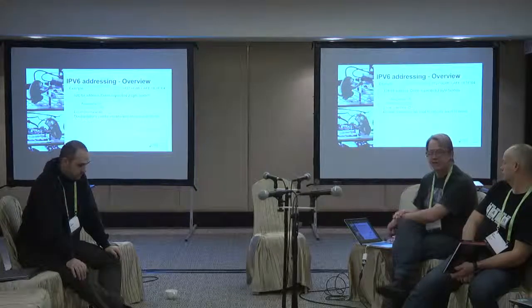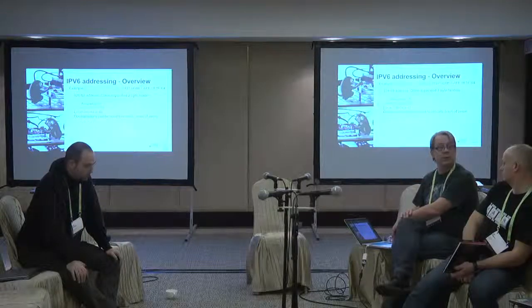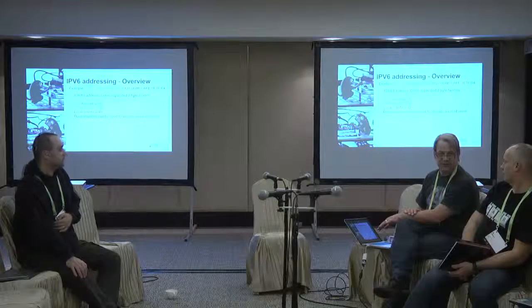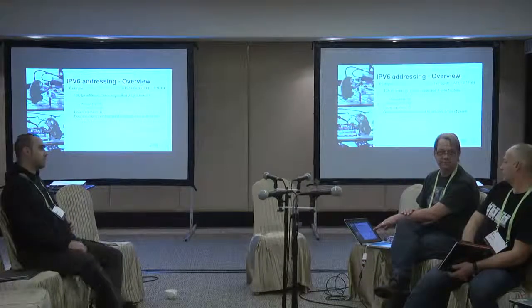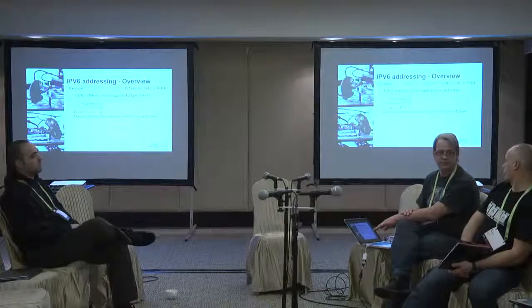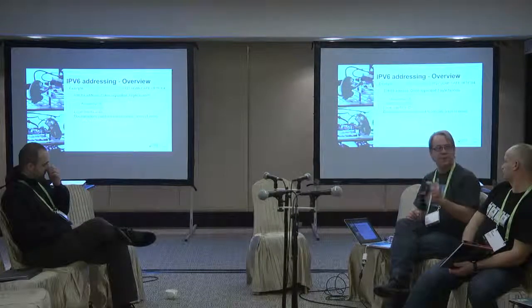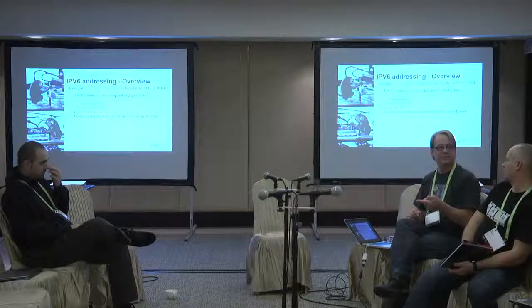So we've got the concern: you've got this global address, the 2001, which means that the outside world can see that device unless you do some firewalling, right? Yeah, but you've got to allow it through. Is it explicitly allow or explicitly deny? I think it'll be denied unless you allow it.